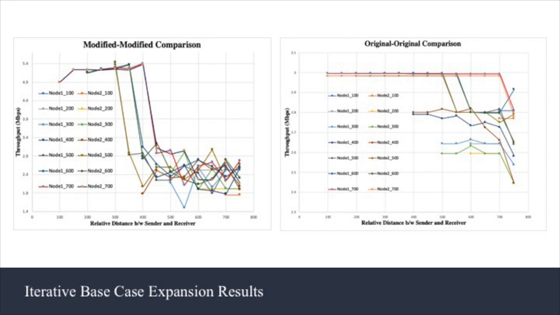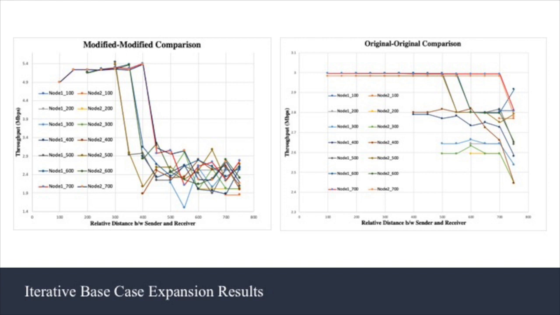Looking at the graph to the left, which is only focused on the modified results, we can see that with a low distance between sender and receiver pairs, we are achieving close to the maximum offered throughput between our senders. There's a lot going on in these graphs, but as the distance between sender and receiver pairs increases, which corresponds to a decreased distance between the two senders, we drop in throughput. So our protocol is unable to achieve this maximum throughput throughout the duration of this experiment.